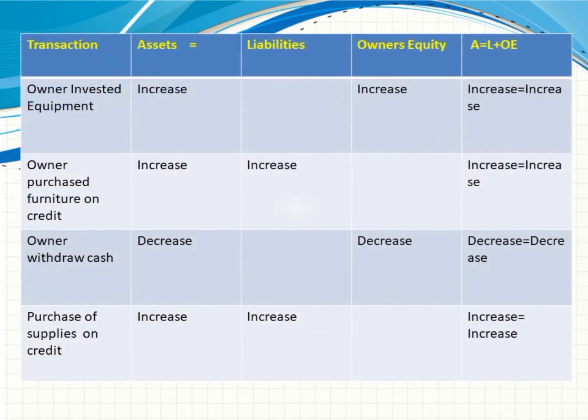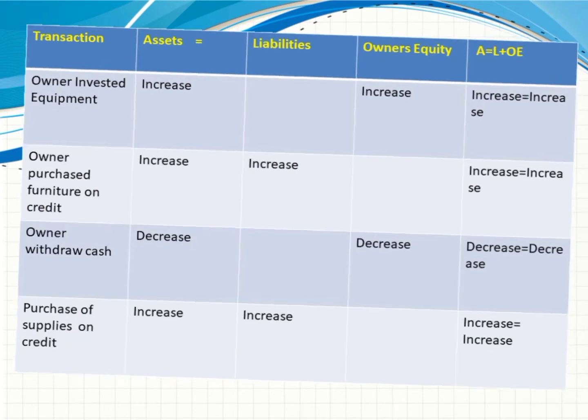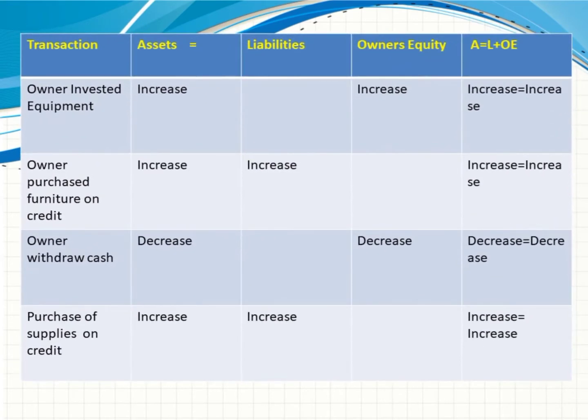For the effect on the accounting equation, we will cite some examples and check their effect on the assets, liabilities, and owner's equity. For number 1, owner invested equipment. So the owner invested equipment.